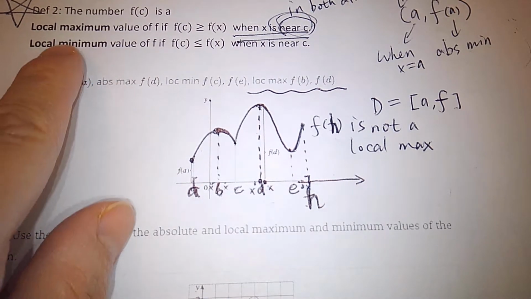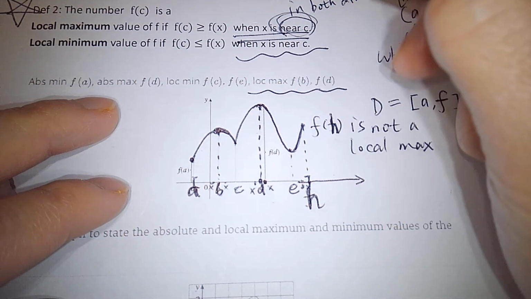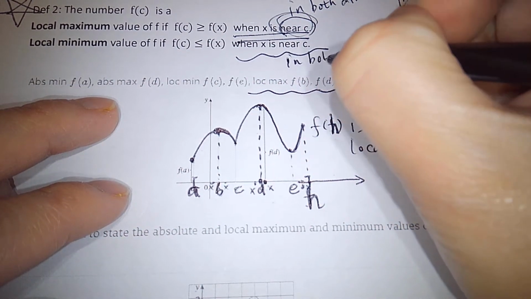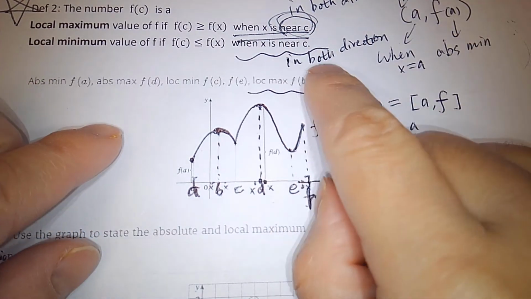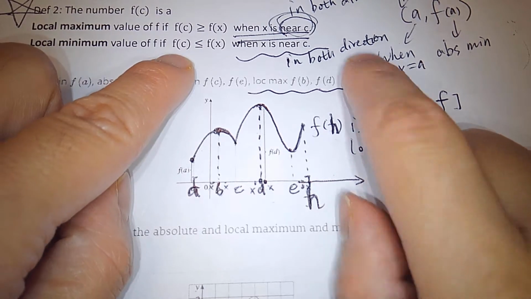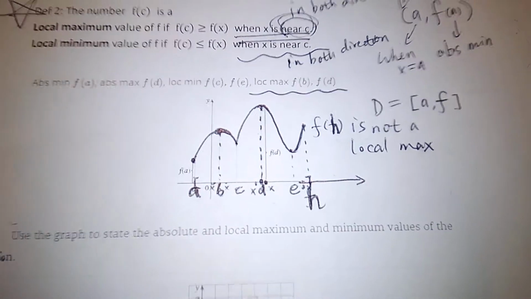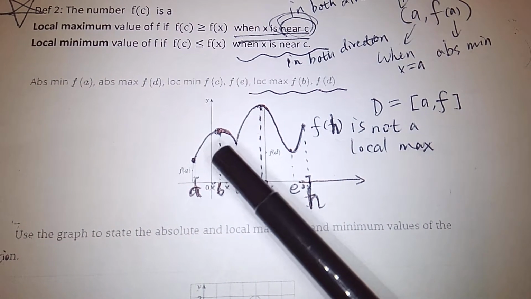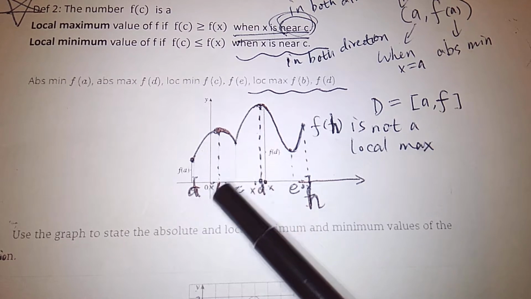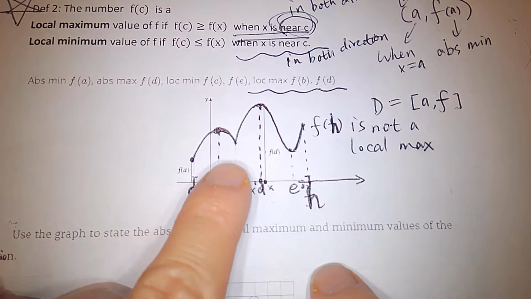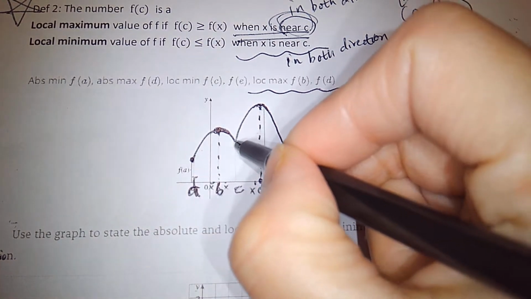So what does local minimum mean? When x is near c in both directions, f of c is the smallest when x is near c, okay? So from the graph, can you tell how many local minimums we have? Have you found any? Do you see the f of C here?